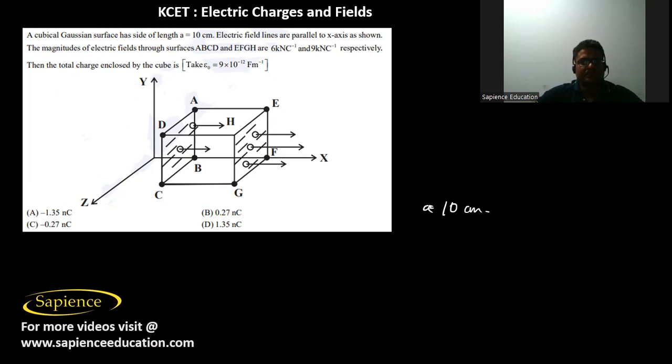The magnitudes of electric fields on surfaces ABCD and EFGH are 6 kilonewton per coulomb and 9 kilonewton per coulomb respectively. Then the total charge enclosed by the cube is, take epsilon naught equal to 9 into 10 power minus 12 farad per meter.